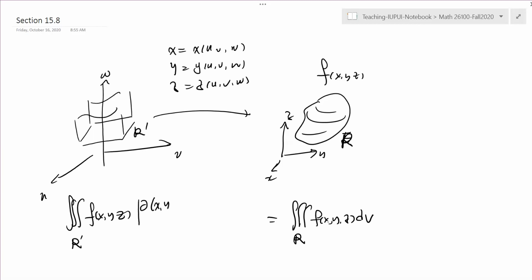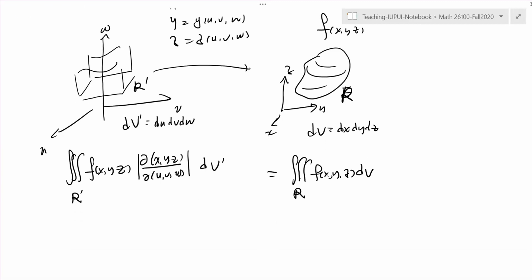This is my notation. This is a kind of derivative, and this is dV prime. So dV prime is du dv dw, and here dV is dx dy dz. So this is a very general formula.